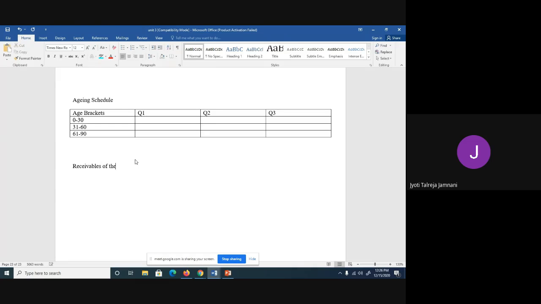Receivables of the last month of the quarter divided by total receivables for the quarter into 100.